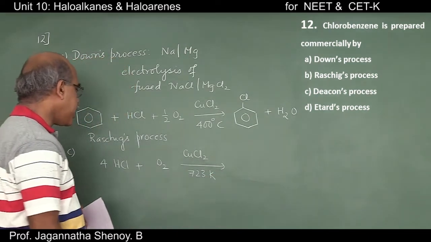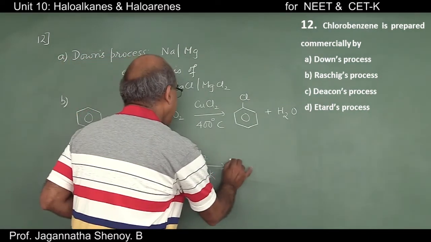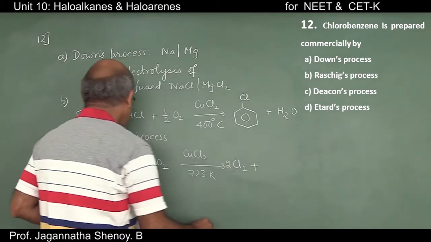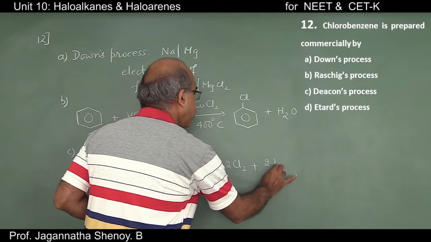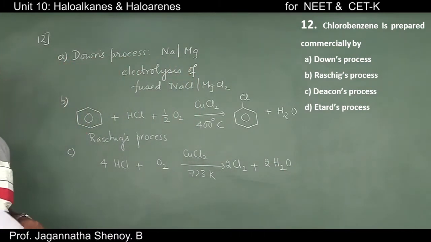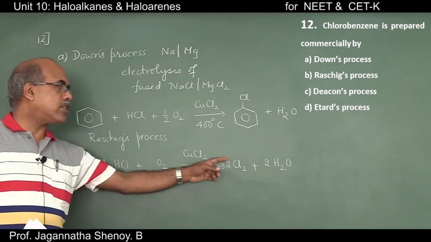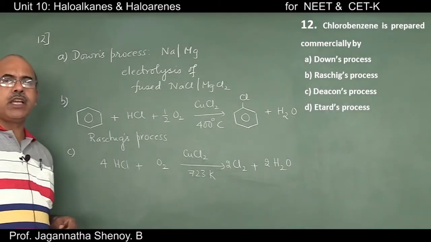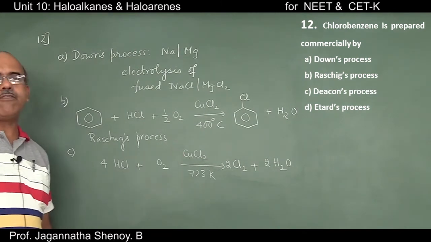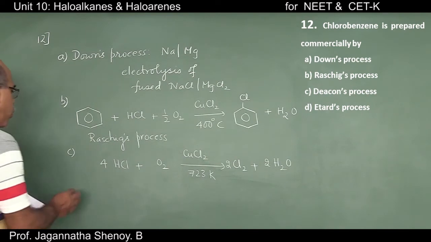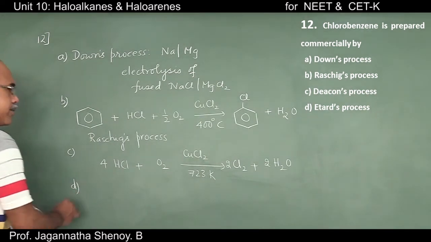So what we get here, I get 2 moles of chlorine. In addition to that, I get 2 moles of water. In fact, Deacon's method is a method of manufacture of chlorine gas by air oxidation of HCl in presence of cupric chloride catalyst. And what is Etard's process?